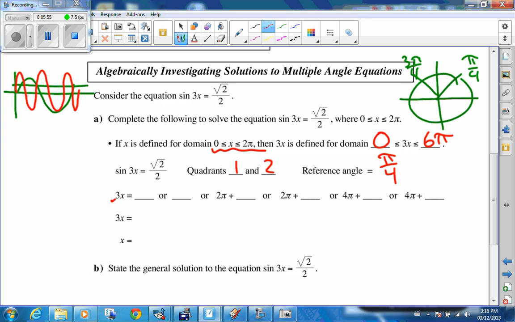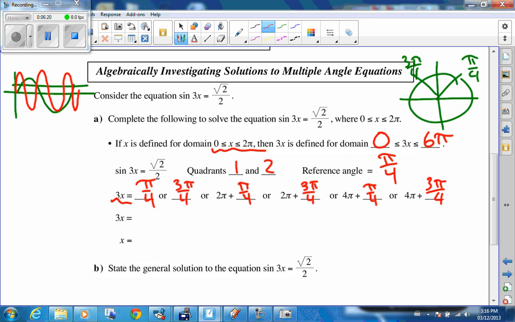So I write out all of my solutions for 3x. They're going to be pi quarters and 3 pi quarters, and then 2 pi plus pi quarters and 3 pi quarters. And then one more time around, so I'm going to get 4 pi plus pi quarters and 3 pi quarters.